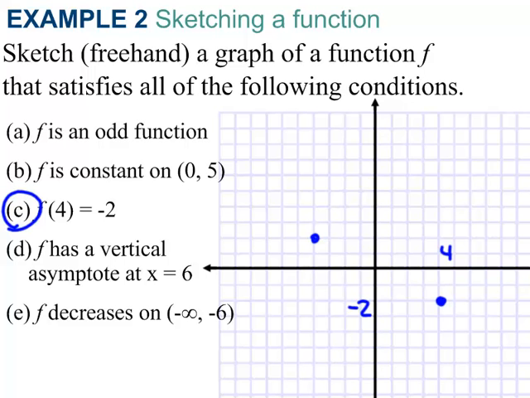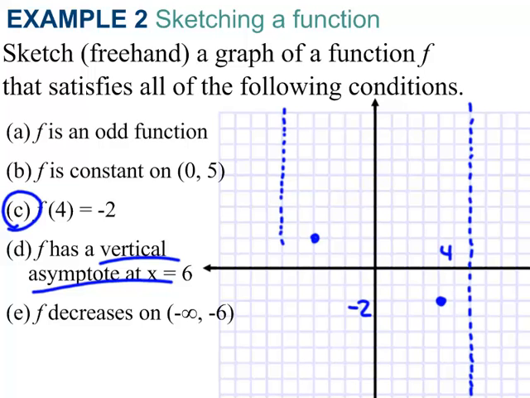Okay? Let's see, I like to do the asymptotes next, right? So let's draw a vertical asymptote at x equals 6. So I'll go over to x equals 6. And once again, since this is an odd function, I would expect to have an asymptote over here at x equals negative 6 as well.